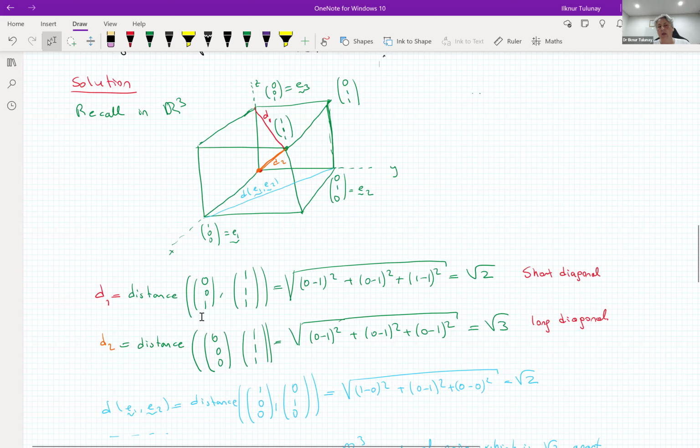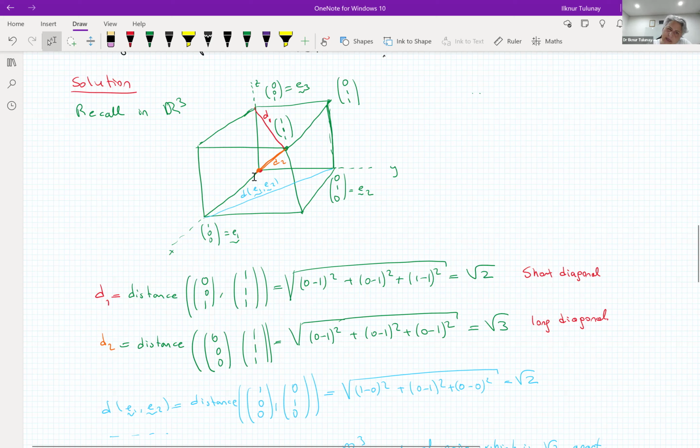In the Euclidean case, we just take 0 minus 1 squared, 0 minus 1 squared, component-wise, and then the square root gives us the Euclidean distance between two vectors. Then we find root 2.